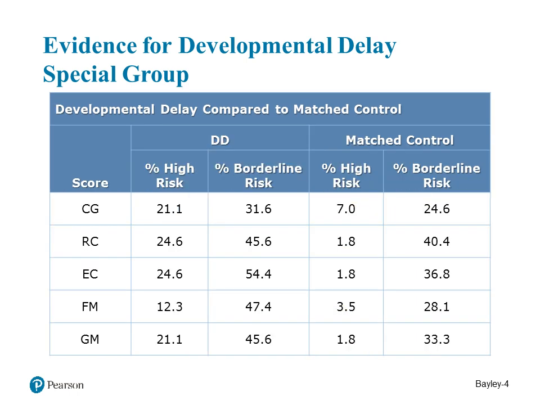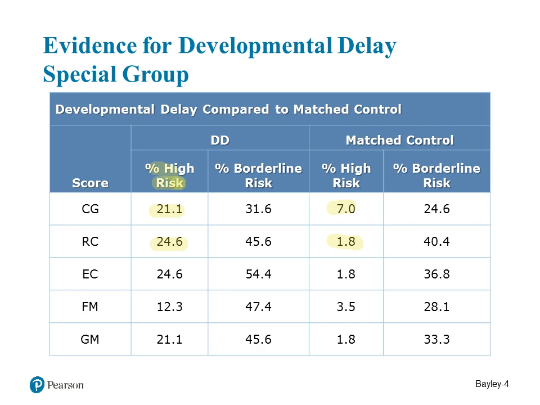In terms of the percent identified as high risk or borderline risk, again, if we look at the percent in the high risk category, you'll notice that for your developmental delay group for cognitive, for example, 21% were identified as high risk versus 7% in that matched control group. For receptive communication, approximately 25% fell in that high-risk category compared to about 2% in the matched control group.